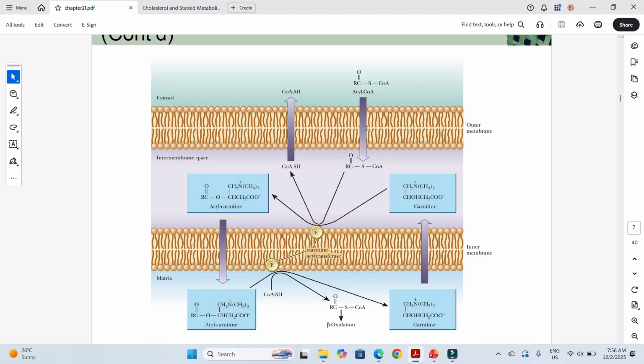Now, carnitine will be regenerated as well, and it can cross the inner mitochondrial membrane back into the intermembrane space, and the process happens again. You can think of it as a shuttle system that allows the transport of fatty acyl-CoA from the cytosol to the mitochondrial matrix.